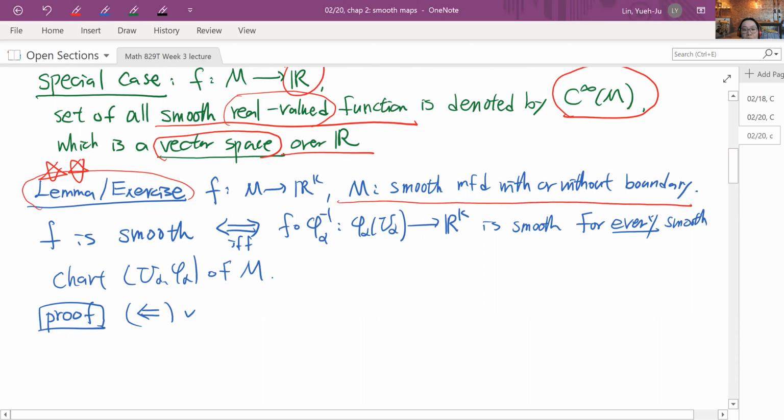I'm going to pick one point X in M. If F is smooth, that means you can find one of the charts such that X is in this chart, and by the definition, F composed phi alpha inverse should be smooth.